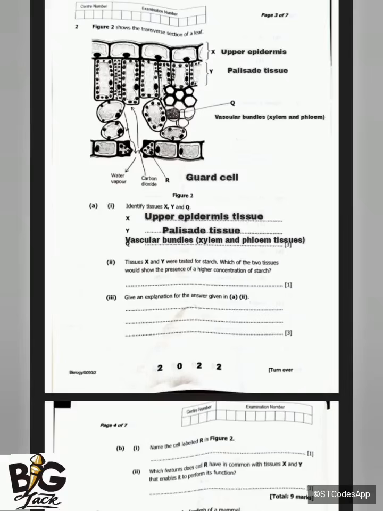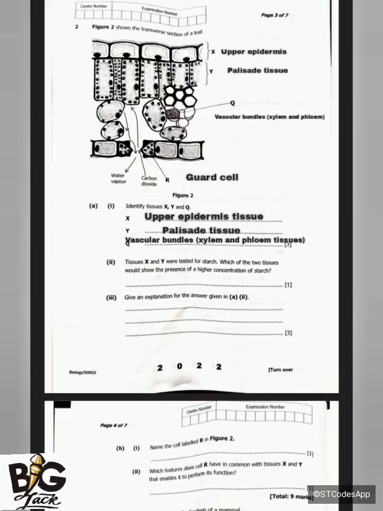In this case, they are saying tissues X and Y were tested for starch. Which of the two tissues would show the presence of a high concentration of starch? As you can see here, tissue Y has a lot of chloroplast, or chlorophyll. Tissue X has little or no chloroplast or chlorophyll.